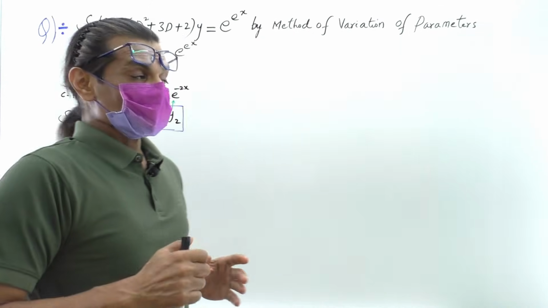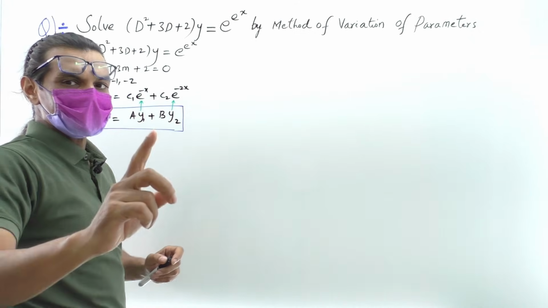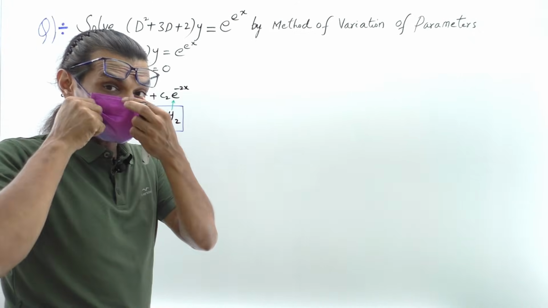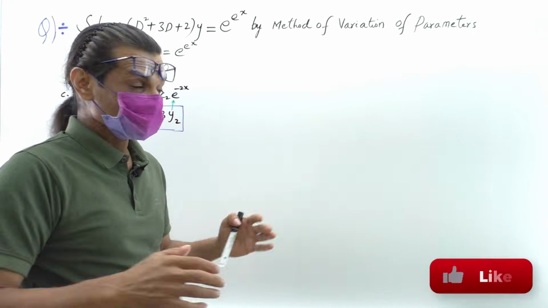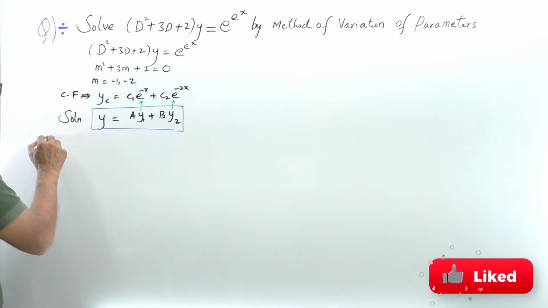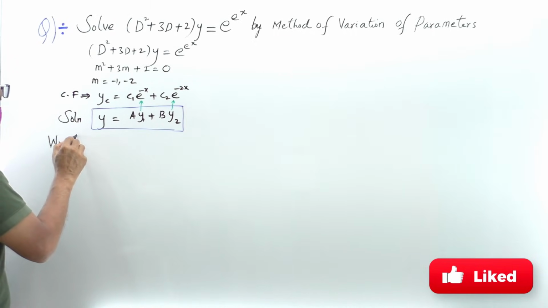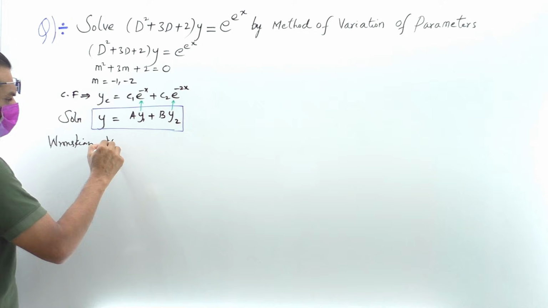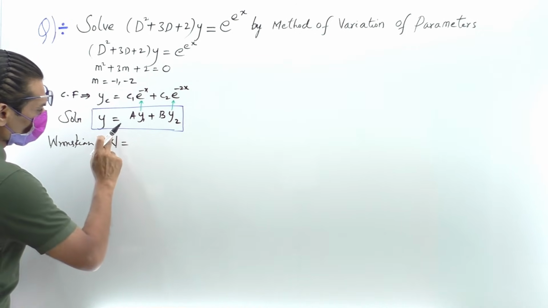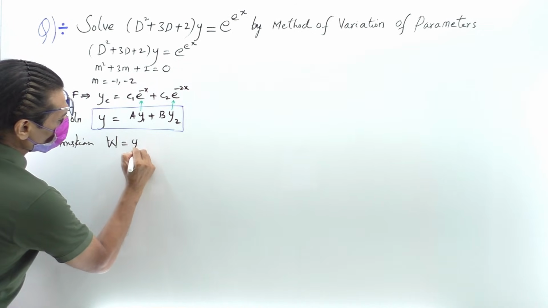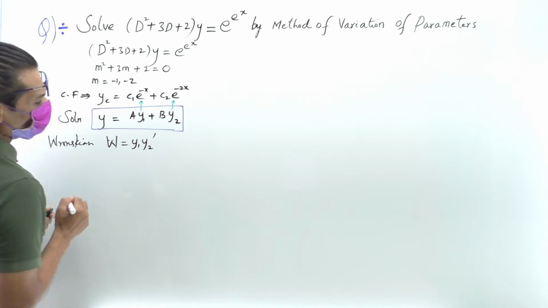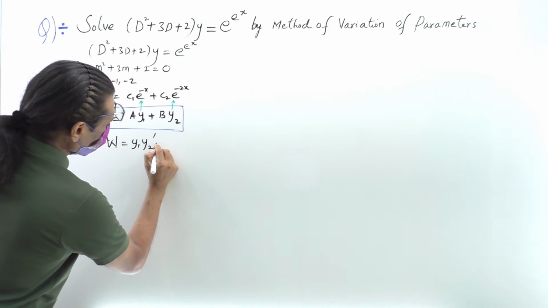To find a and b, we first need to find a very important factor called the Wronskian. The Wronskian W is equal to y1 y2' minus y2 y1'. I hope you are able to recall it now.